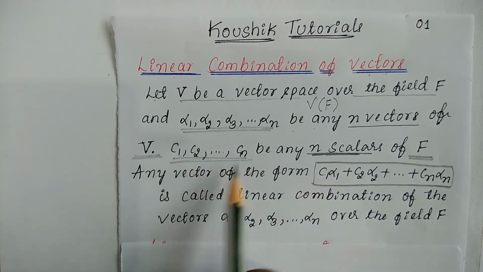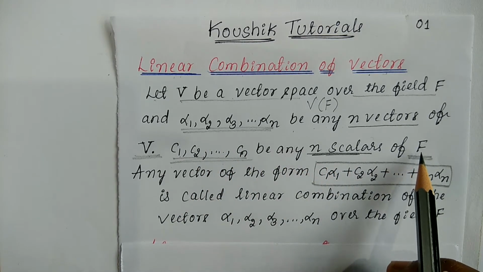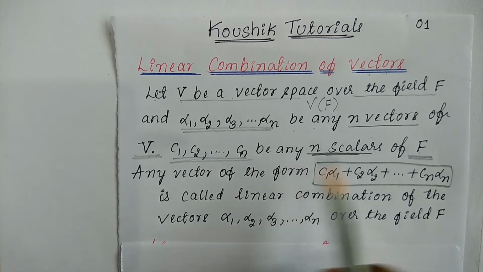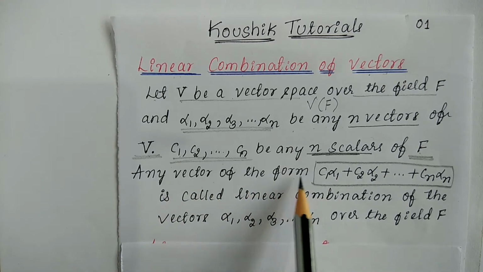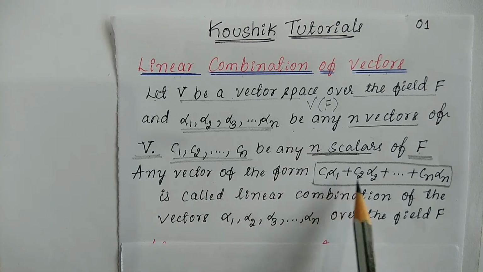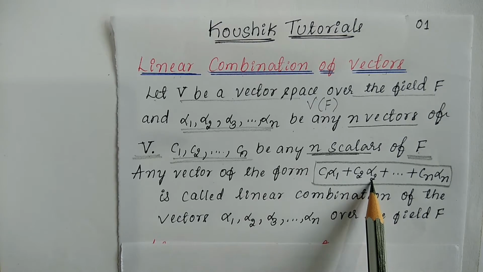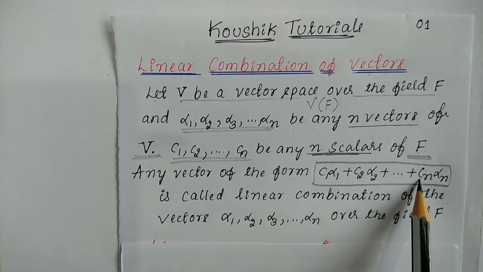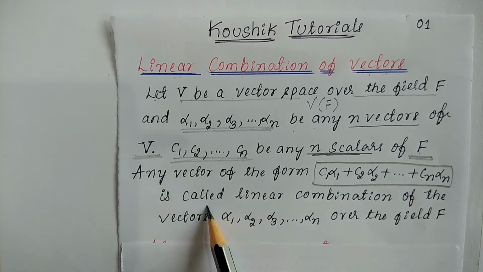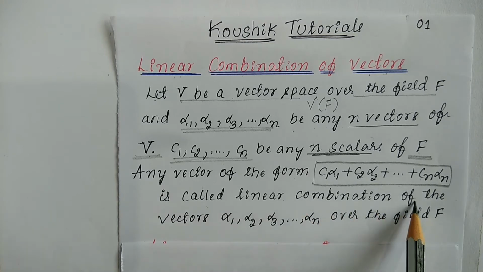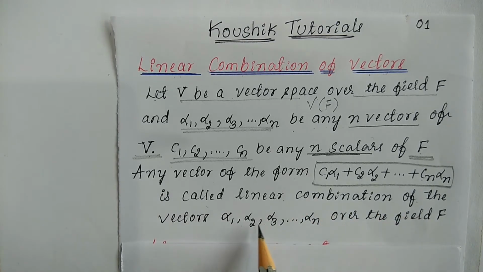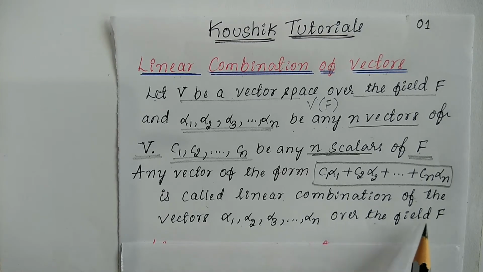These are scalars of what? F, that is the field. Any vector of the form C1 alpha 1 plus C2 alpha 2 plus so on Cn alpha n is called a linear combination of the vectors alpha 1, alpha 2, alpha 3, and so on alpha n over the field F. So this is the definition.